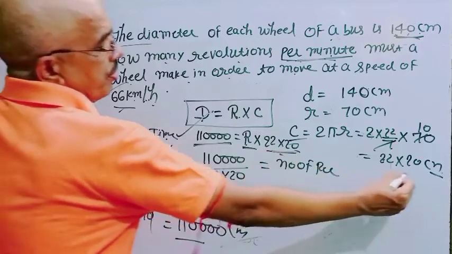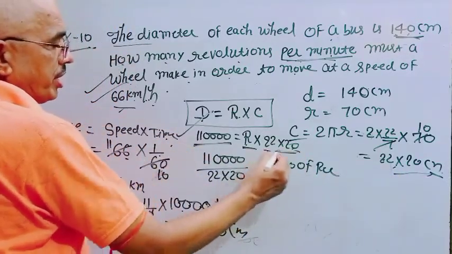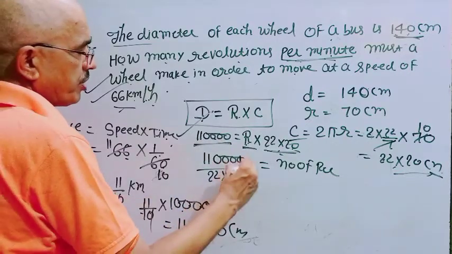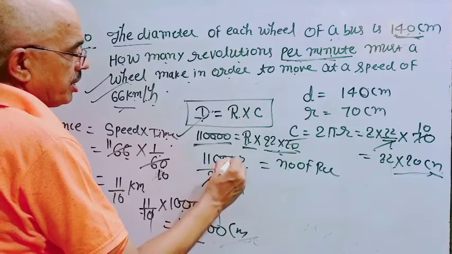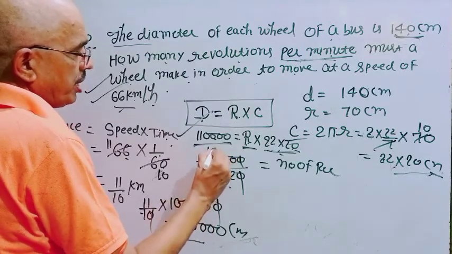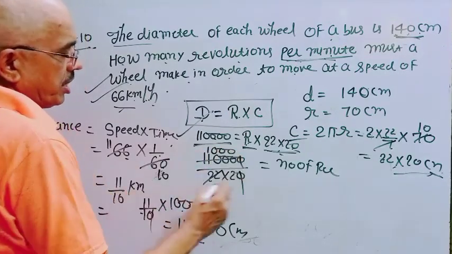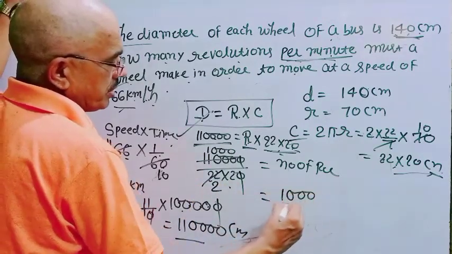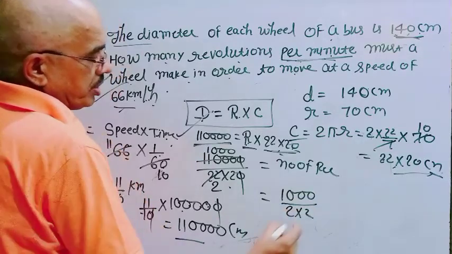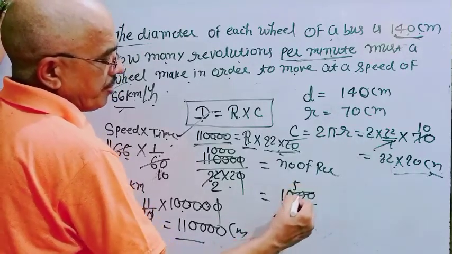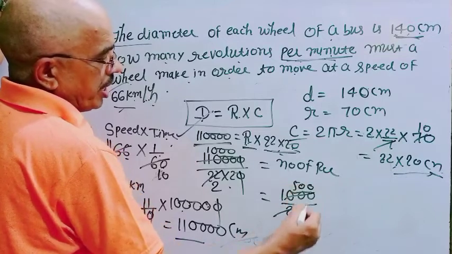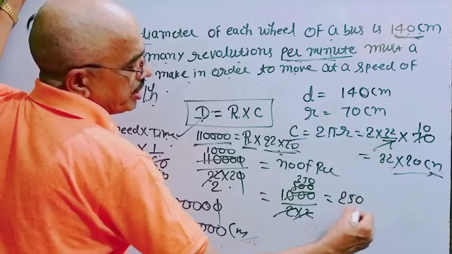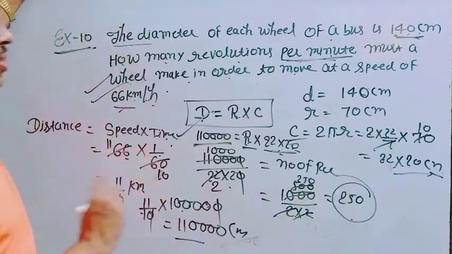Then it is divided by this. You get 11 times, then 1000 by 2 into 2. So you get 500, and then you get 250. That means in 1 minute the number of revolutions will be 250.